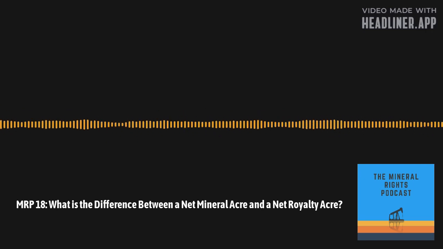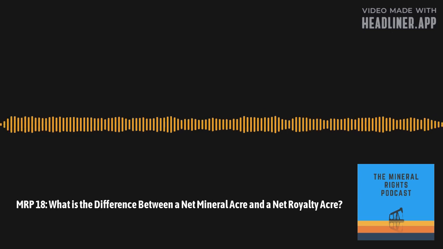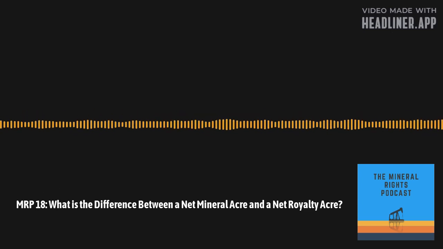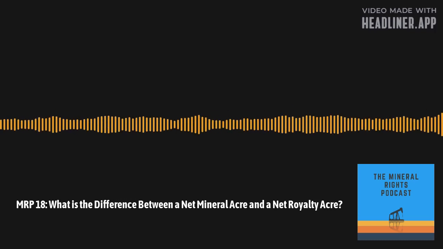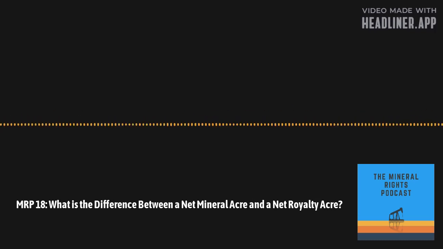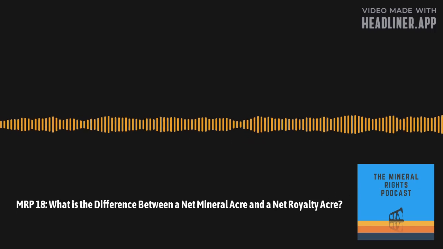And if you were aware that a non-participating royalty interest exists, you would have to determine the number of net royalty acres by taking your royalty rate, subtracting the NPRI from it, and then dividing that by 12.5%.